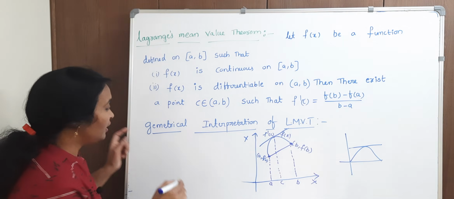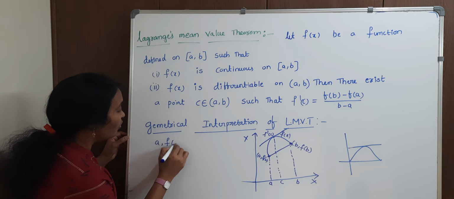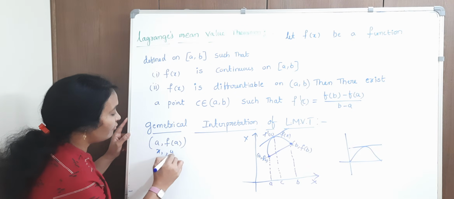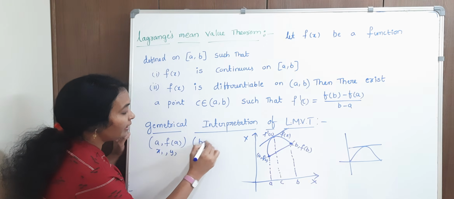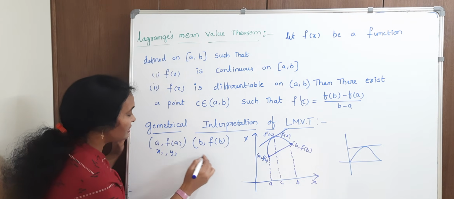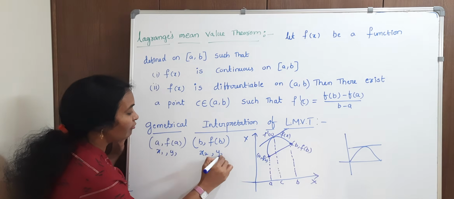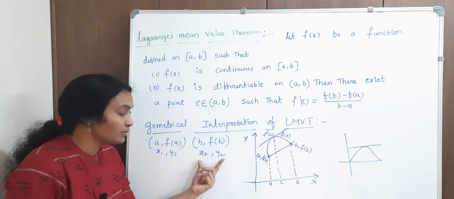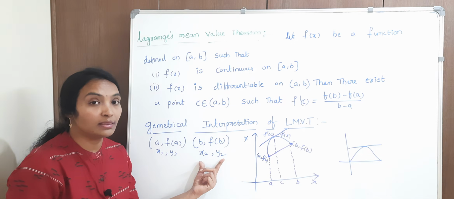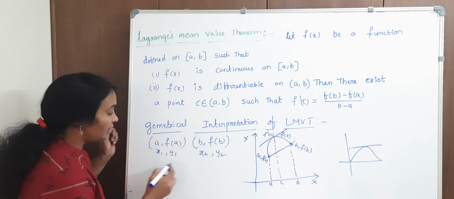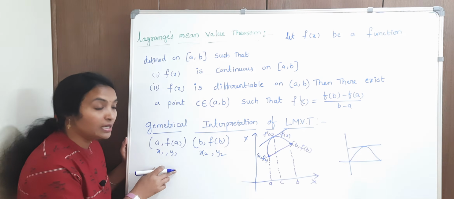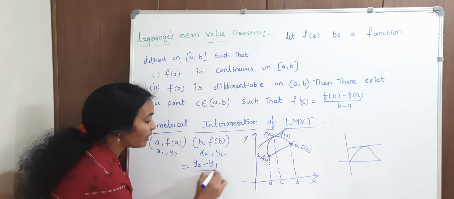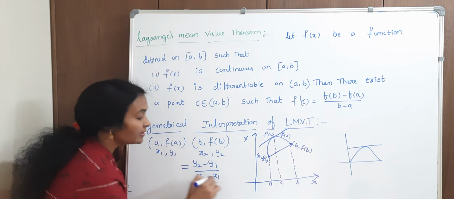From your intermediate, you know that these points are A comma f of a, say x1, y1, and b comma f of b, which is x2 comma y2. The slope of the line joining two points is y2 minus y1 by x2 minus x1.